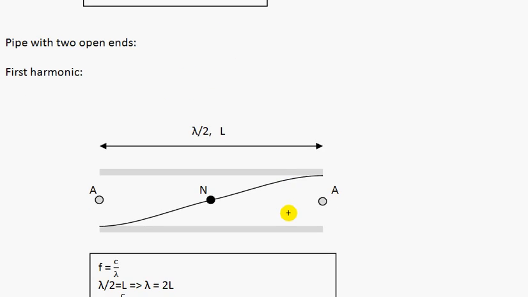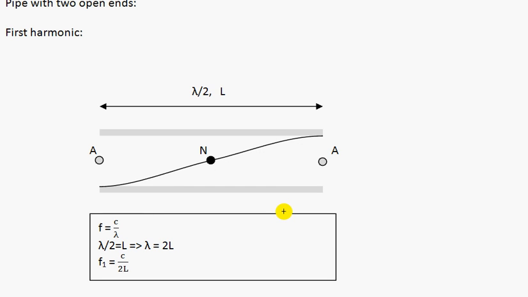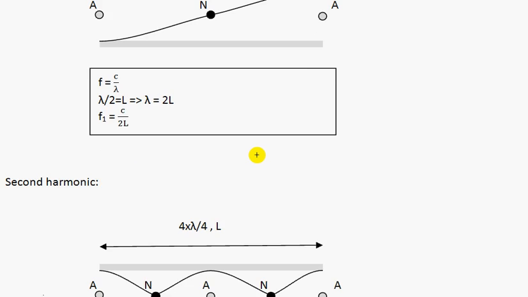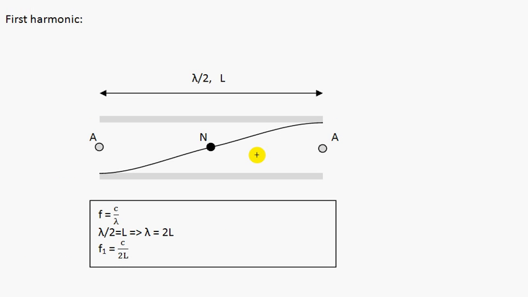Pipe with two open ends. So actually here I didn't show another part. It doesn't matter. Okay, actually it's clear. So first harmonic, antinode, antinode, lambda over 2 equals L. Very much the same as a string.